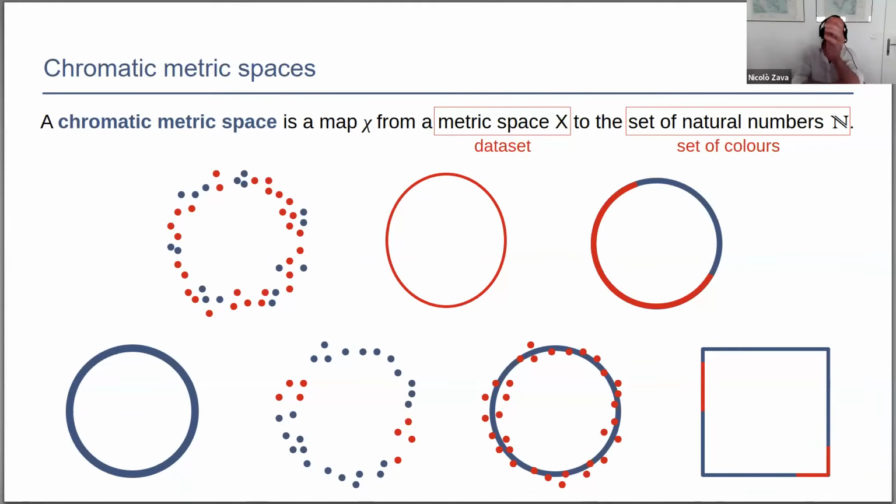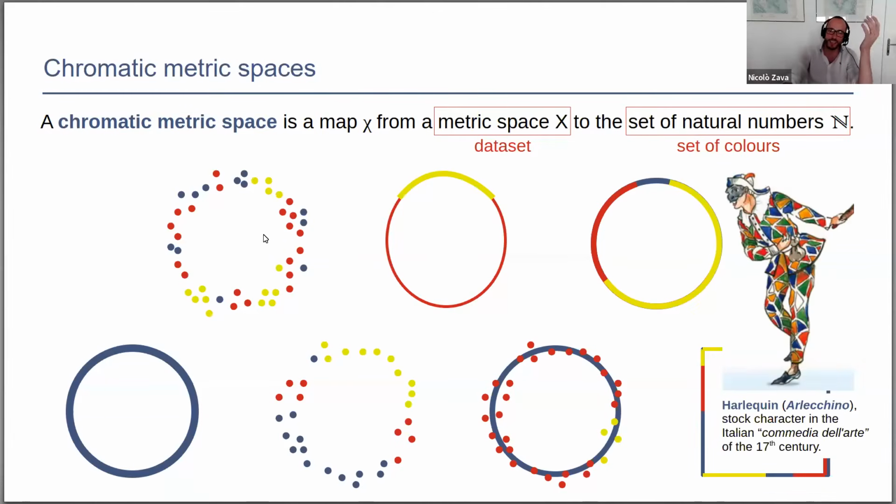Most of the time I will work with two colors because it's already interesting enough, but of course you can do the same thing for three colors, or several colors. You can use as many colors as you want, enough to color the clothes of Arlecchino, a stock character in the Italian comedy of the 17th century, whose attire is well known to be extremely colorful.